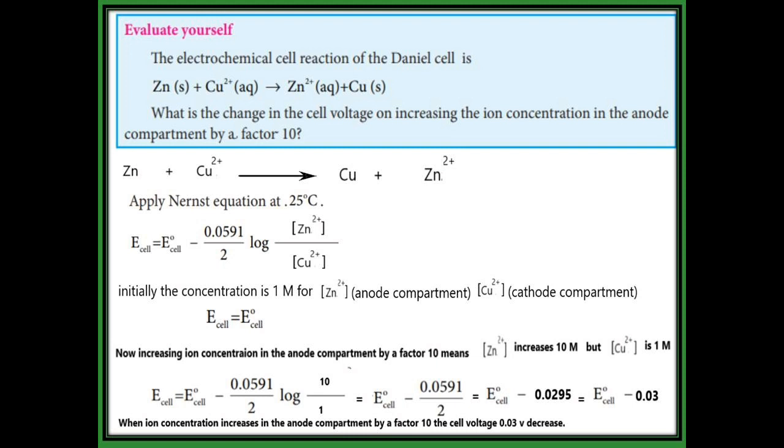Then we get E naught cell minus 0.0295, and rounding up we get E naught cell minus 0.03. Here, when the ionic concentration of the anode compartment increases by the factor 10, the cell voltage will decrease by 0.03 volt.